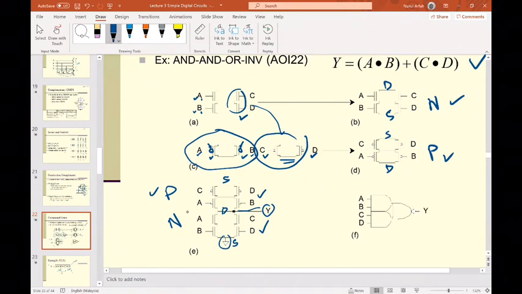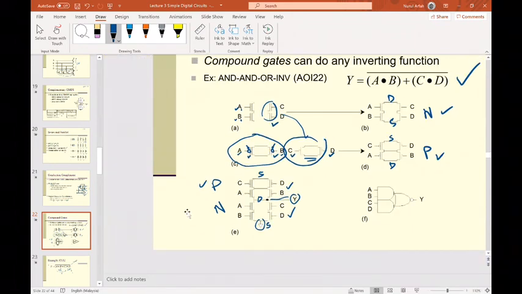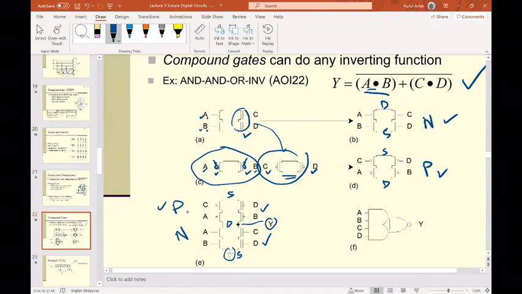Okay. And what is the symbol for this? Since our output, if you look at AB here, this is N, and this is also N. So you have over here N and N, with two inputs.